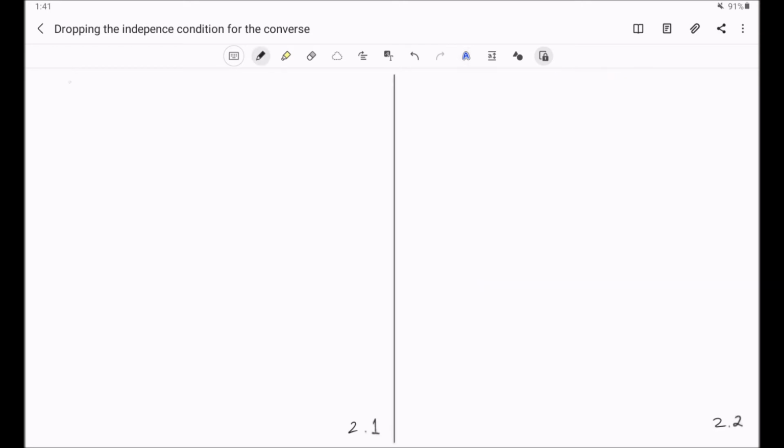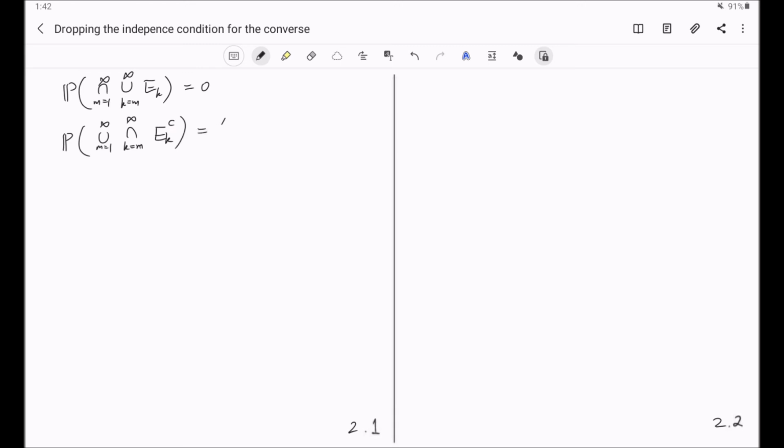So now let me write it down explicitly: the limsup, the intersection of unions of E sub k, with k from m to infinity, m from 1 to infinity. This is 0. And we take the complement: union m from 1 to infinity, intersection k equals m to infinity of E_k complement.